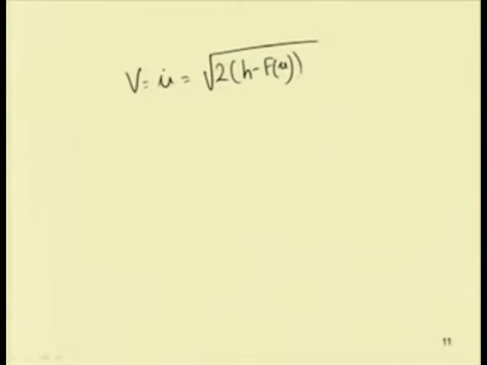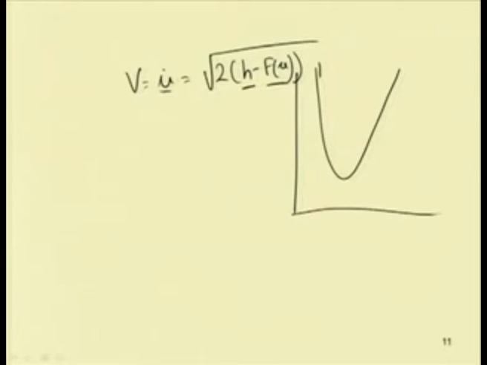So, for a given value of h and knowing the potential function of a system, we can find what is u dot of the system. For example, let us take a system where this potential function is represented by this curve.